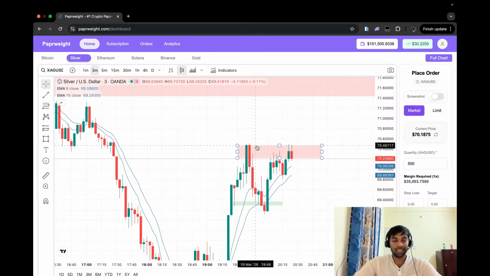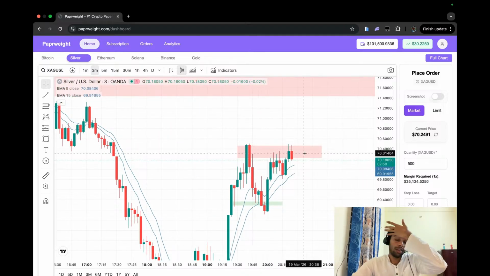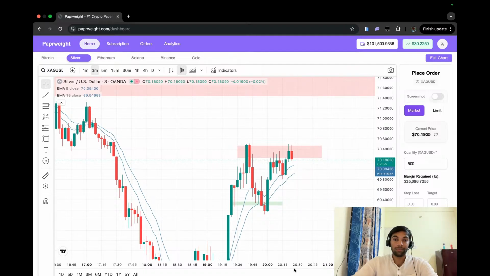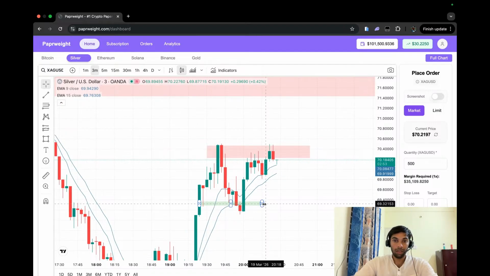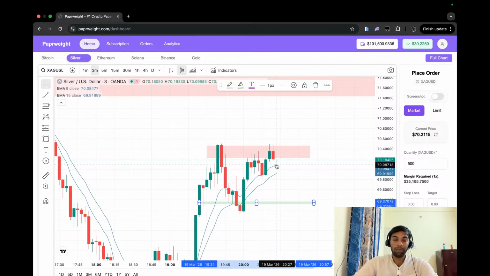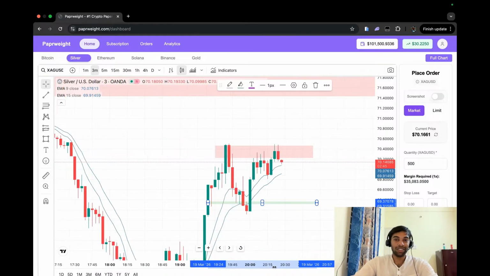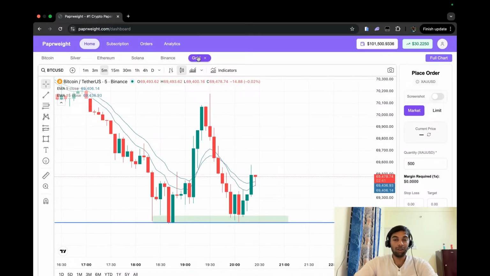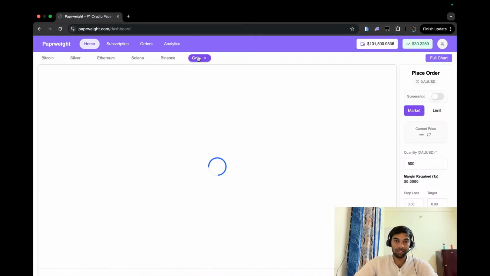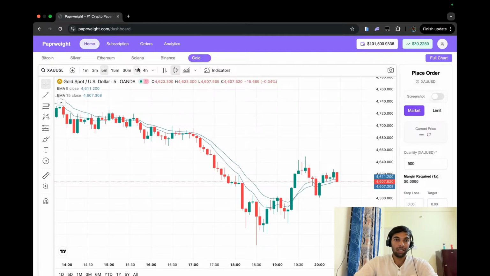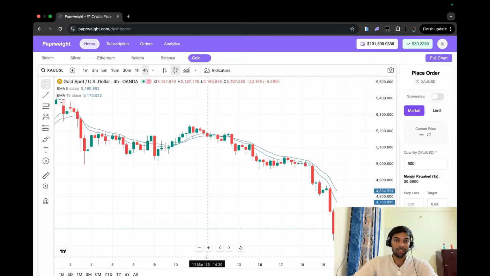Though the market is at selling zone, not selling, went in the buying, not buying. So it's quite a confused state for me. Let's see if we find any trade in the gold, then we can punch the trade. Otherwise, we'll end the session.